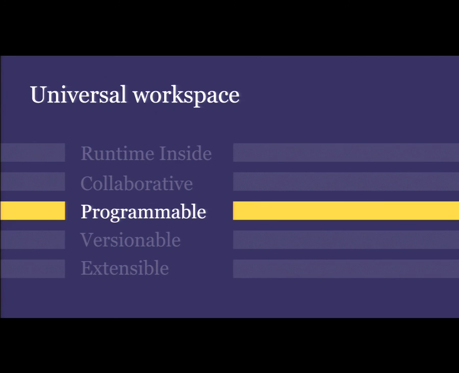So the universal workspace is including the runtime. It is collaborative, we can share it. It is also programmable, which means that it has a set of REST APIs that you can interact with.